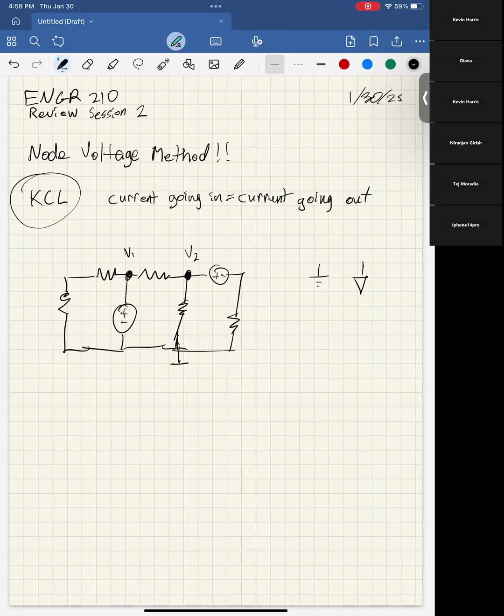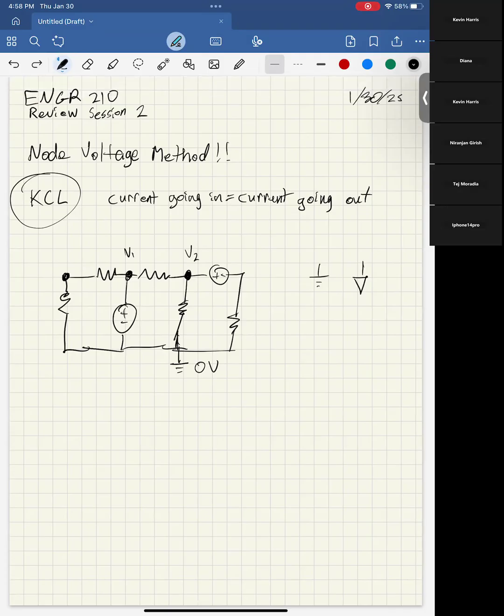I like this one. I just think it looks nicer. We wouldn't define a node here because here only two components meet, and here only two components meet.